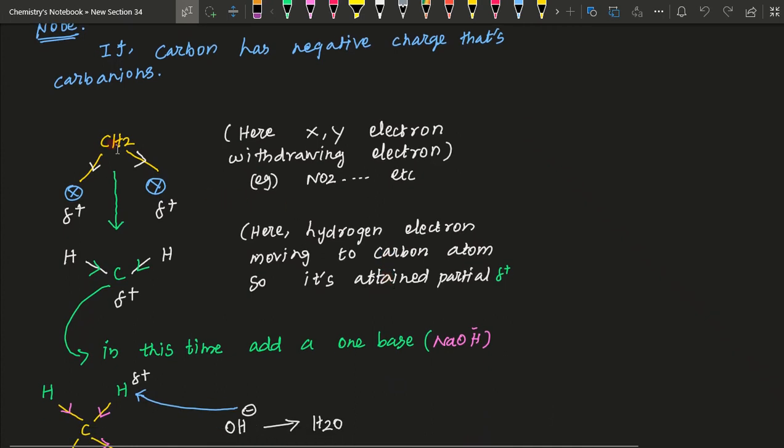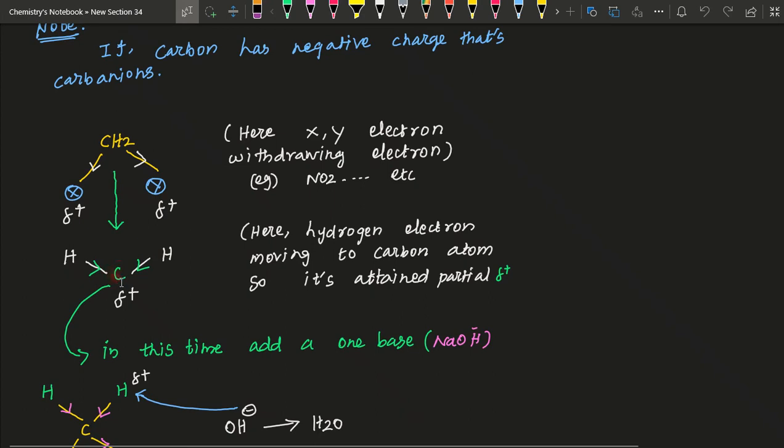See, this is the CH2, this carbon pulling the one electron from this hydrogen, this hydrogen giving the electron, or carbon is pulling the electron from this hydrogen. Anyway, both are possible.